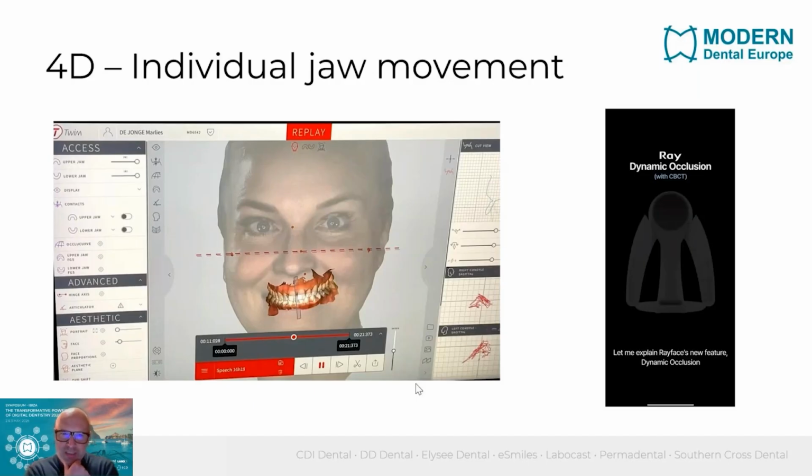And to make the story complete today, we have to go after 3D to 4D. And 4D, this is the dimension of time when we register the movement of the jaw, the individual movement of this patient, and this can be done also with different devices today. For instance, the Mojo is a very known device, and this Mojo is actually an advanced digital tool which really captures the jaw movement using 4D technology.